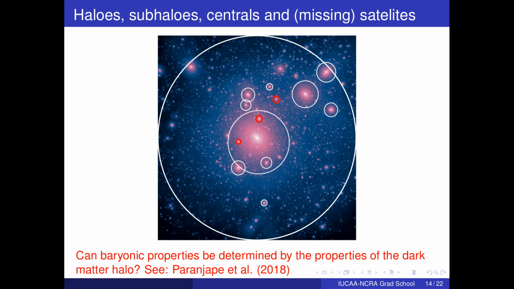Nowadays, people have much better simulations where the feedback is modeled in a much better way. But eventually, everything is parameterized as a feedback. So you change it, you make your simulation, you compare with observations. Okay, this time I got 4 satellite galaxies. I want only one. I'll turn the knob in my simulation till I get one.